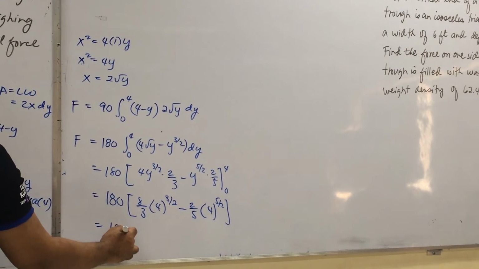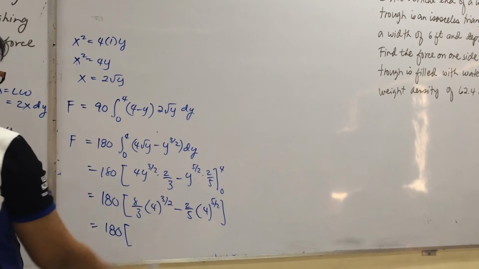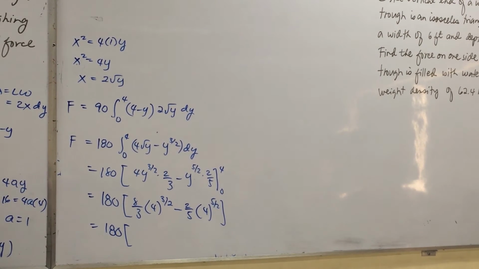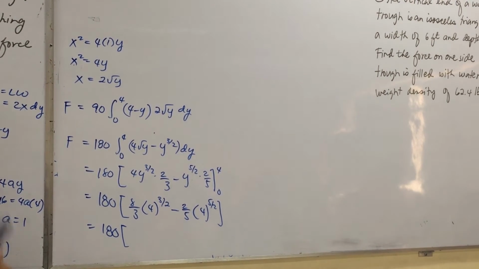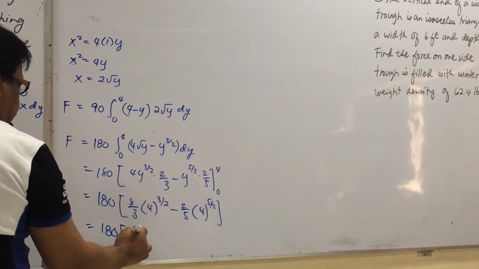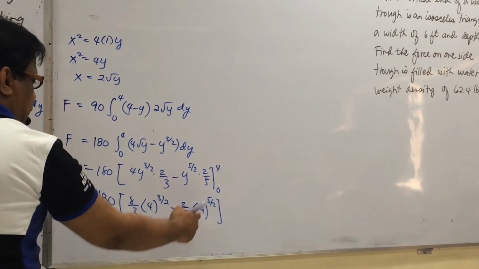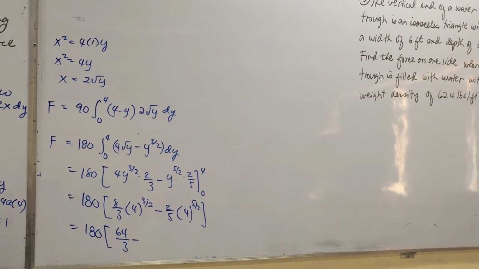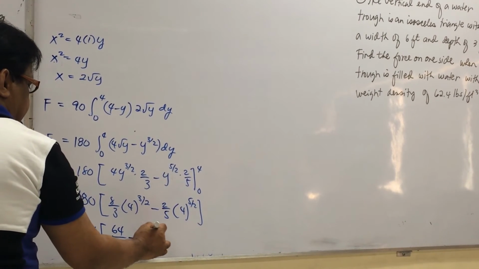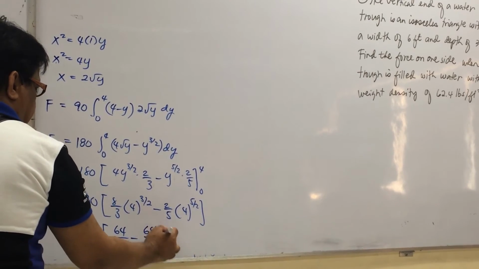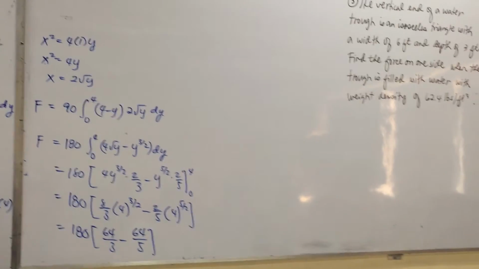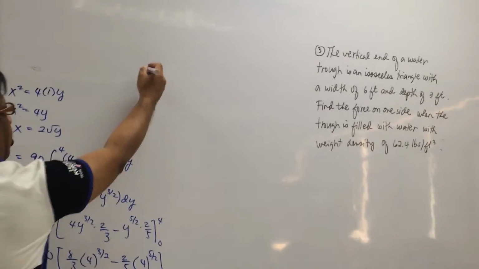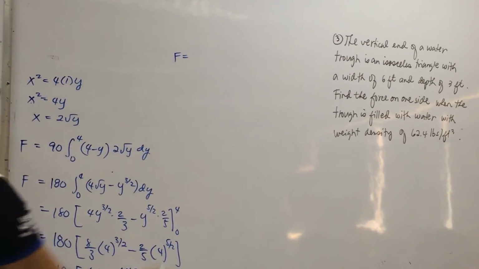What is the square root of 4? That is 2, then cubed, 8, so 8 times 8, 64 over 3. What about here? Square root of 4 is 2 to the 5th, 32, times 2, 64 over 5.